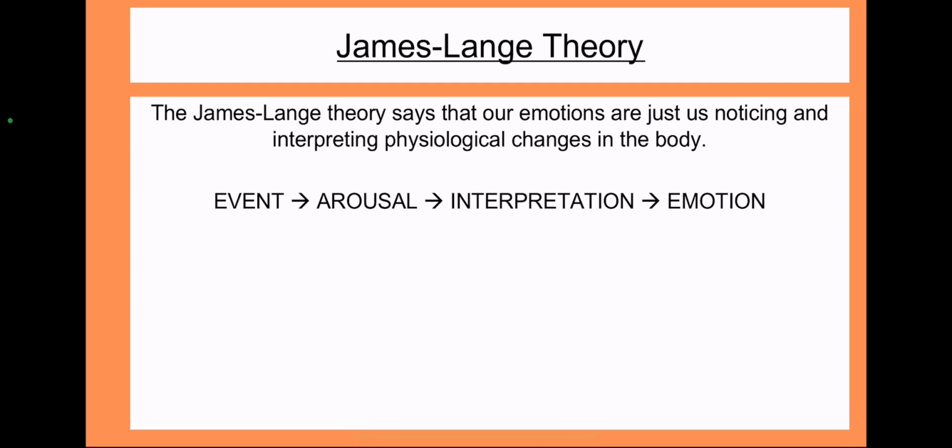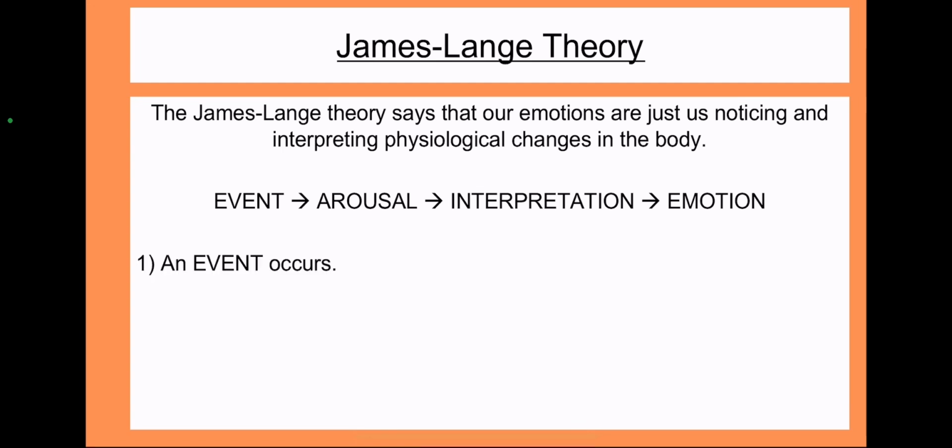For example, you just receive a negative text, and this causes some sort of arousal in the body. In that case, a negative text might create a tear or two in the eye, to which the brain will process that arousal. So the tears will get processed by the brain, and then the brain will interpret that, process it, and understand that you're going through the emotion of sadness.